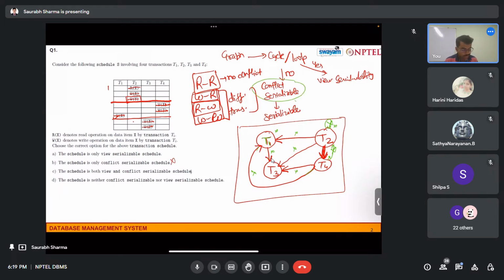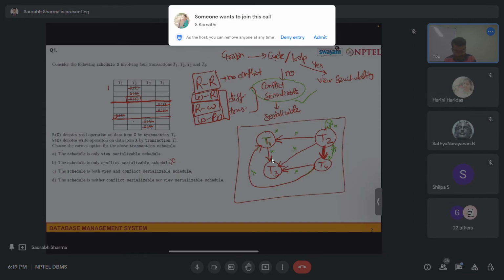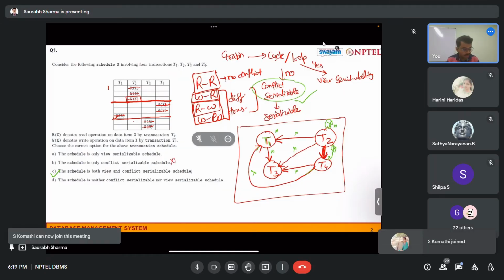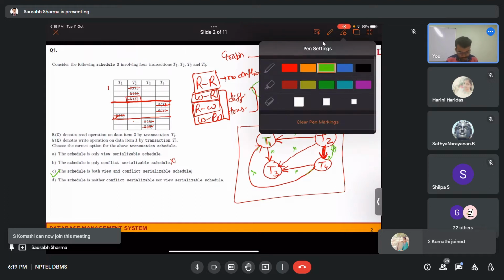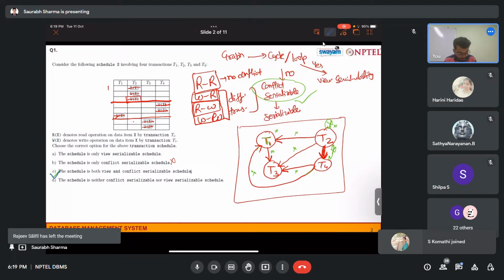If it is conflict serializable, it will also be view serializable. So the answer we have got is option C. Answer C is correct. Got it?